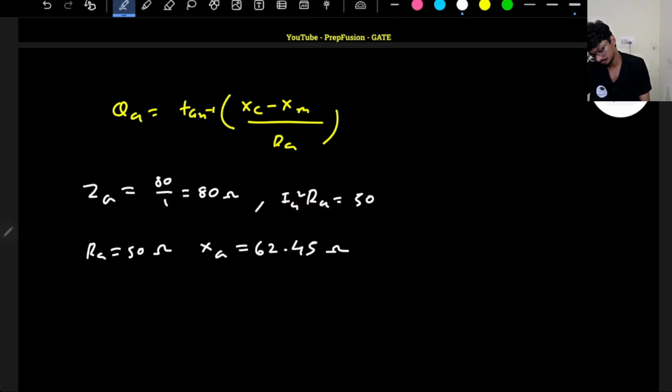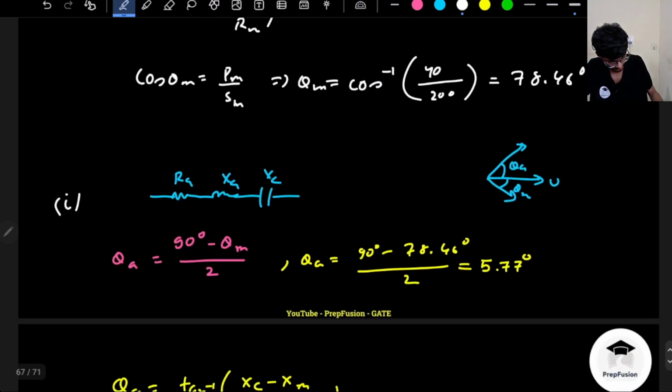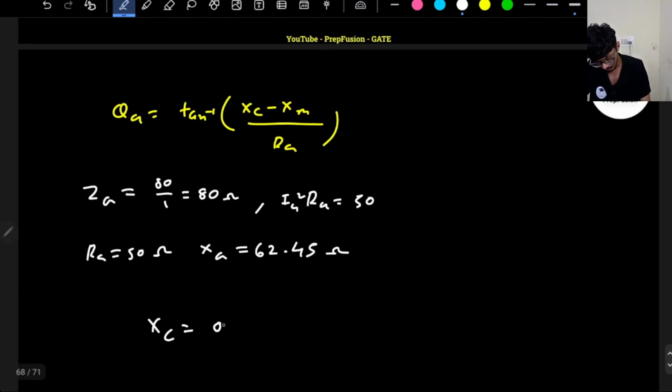Now I got my ra, I got my xa, I just need to find xc, right? I know my theta a, so xc will be equal to tan of theta a times ra plus xm. Theta a is 5.77, so tan of this is 0.1, into ra, which is 50, plus xm, which is 62.45.